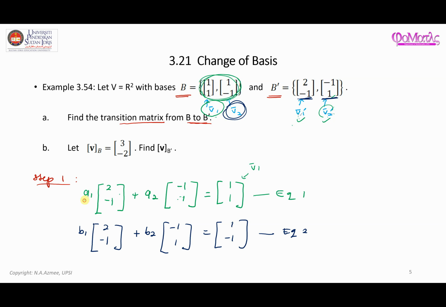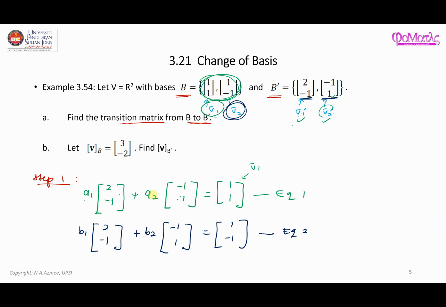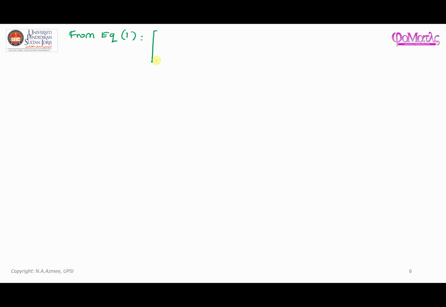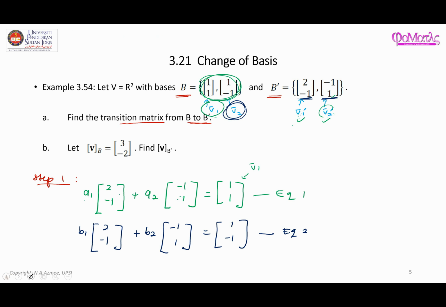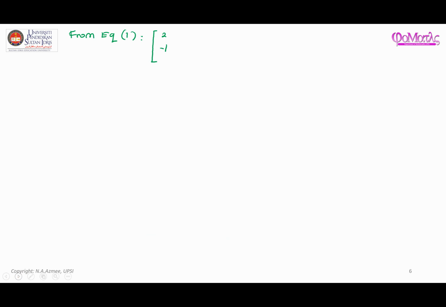Now, how do we solve a1 and a2? Based on that, from equation 1, the whole thing here can actually be written in terms of the matrix with columns (2, negative 1) and (negative 1, 1), times the vector (a1, a2).